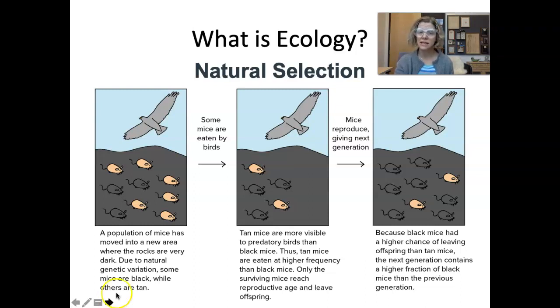And as you can see, more white or light colored mice are being eaten because maybe the predator can see those mice better. And over time, that means there are fewer light-colored mice in the population. So the selective force is that predation, and the result is that the frequency of that light-colored mouse changes over time. We get fewer of them over time.